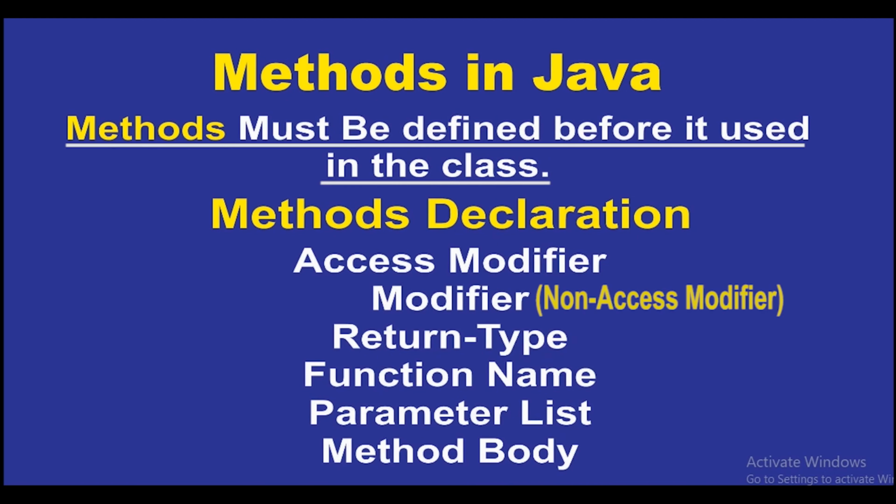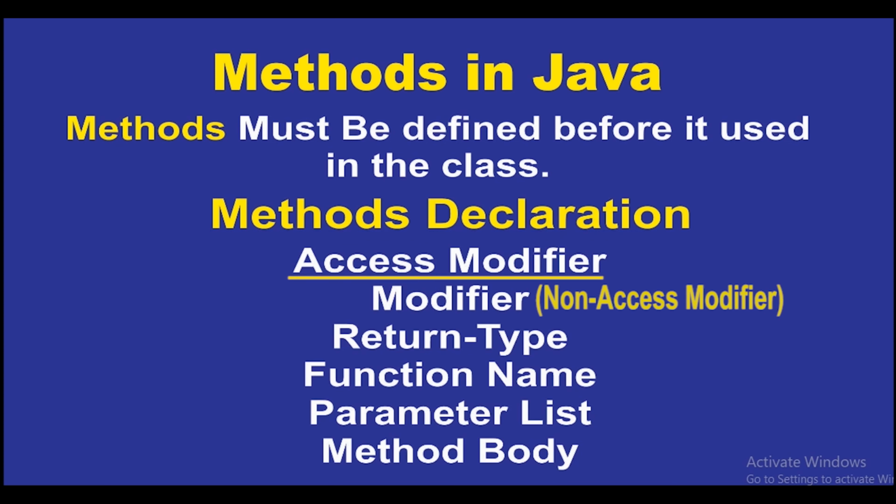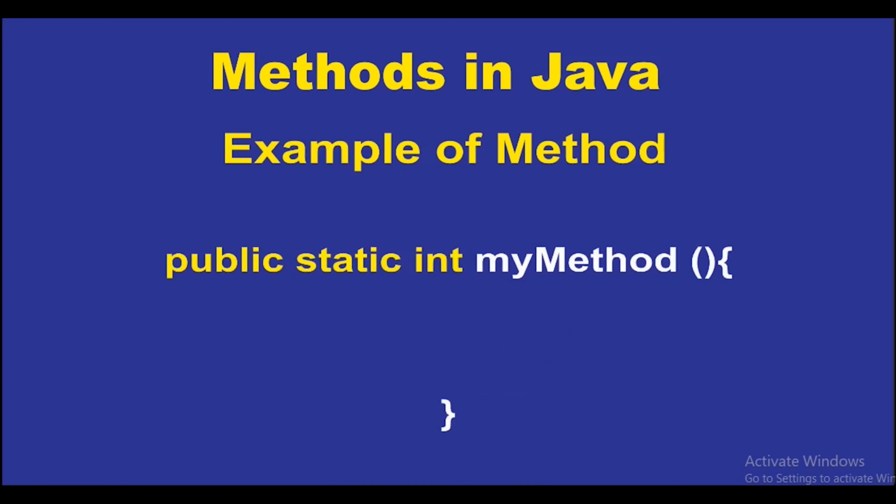A method must be defined before it is used in the class. Method declaration includes access modifier, return type, function name, parameter list, and method body. We will discuss all these parts of method declaration in this course.